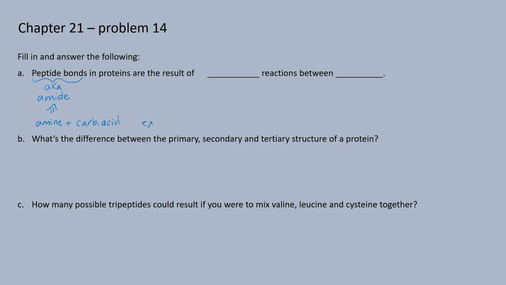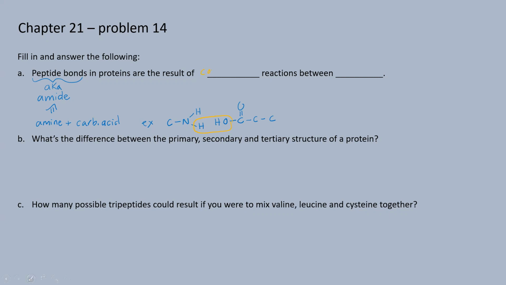So for example, let's say we take a 1-carbon amine and a 3-carbon carboxylic acid. It's very similar to the reactions that we were doing with the esters. We take the OH off of the carboxylic acid and an H off of the amine. So what did we call that when we took off an H and an OH? Well, those were called condensation reactions.